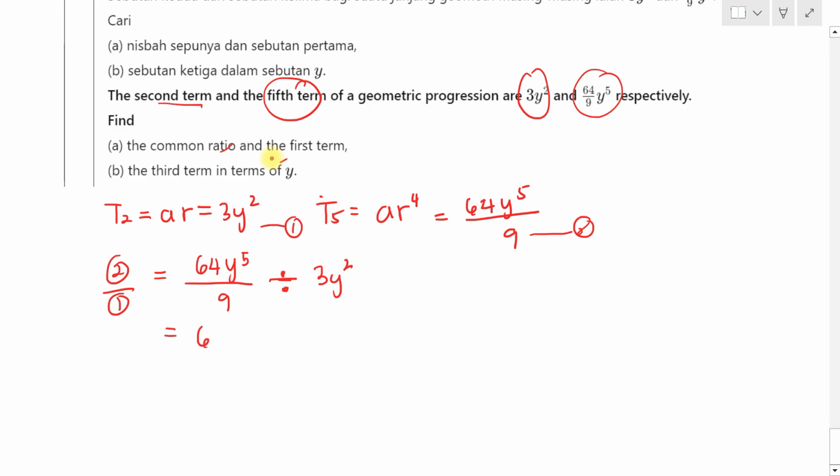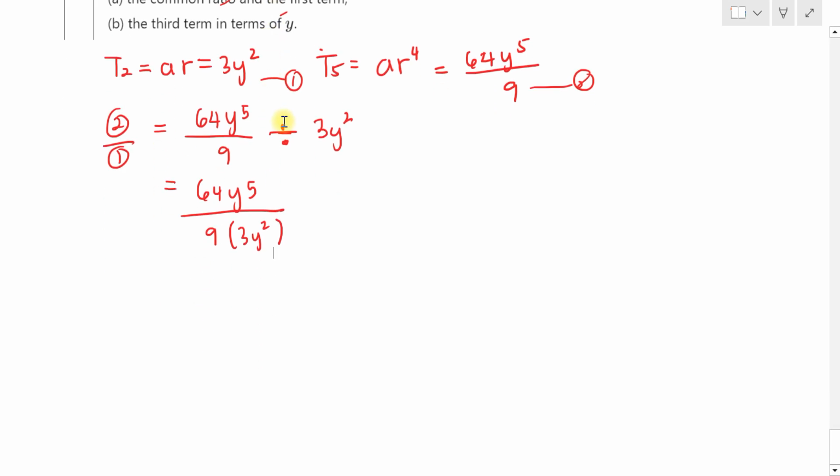It becomes 64y to the power 5 over 9 times 1 over 3y square. Don't tell me you don't understand this. 64y to the power 5 over 27y square.